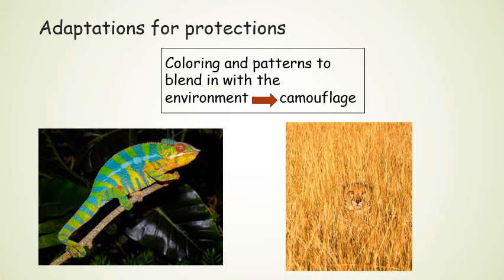So camouflage is when the animal is able to change its color according to the environment, or if it has certain patterns to blend in with the environment. This is another example of adaptations for protection.